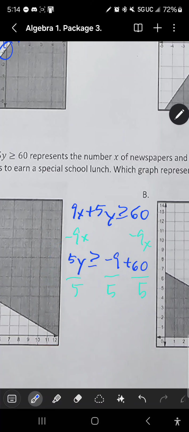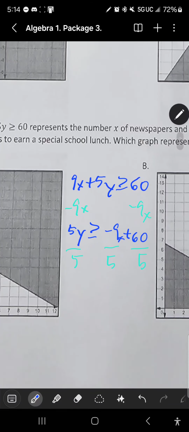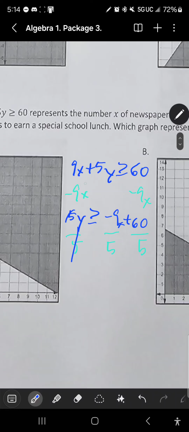This is 9x. Better. This cancels out, as well as this cancels out. And then I have y greater than or equal to. The sign is kept because we are dividing by a positive number, so it doesn't change. Now negative 9 divided by 5 is just negative 9 over 5.